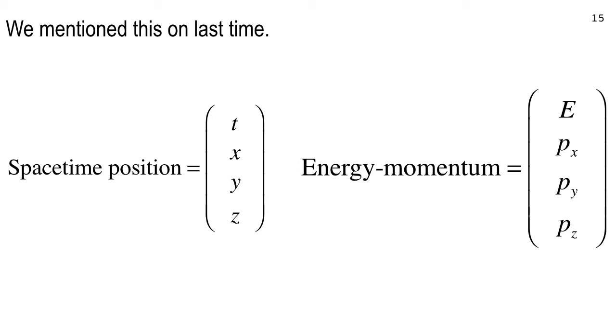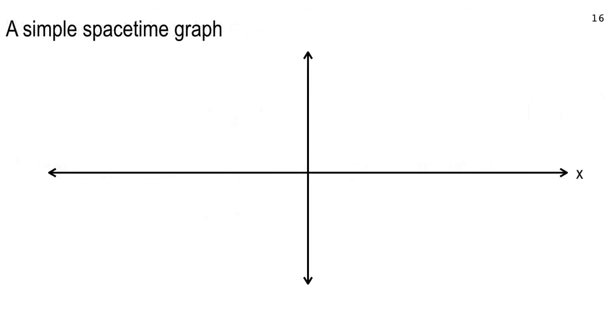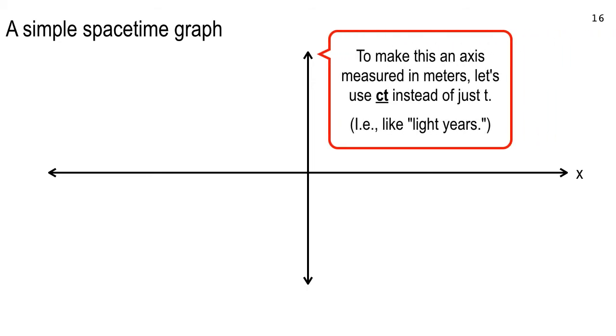Now, as I said, we want to treat time as much as we can like any of the other 3 dimensions. So here's what we're going to do. We're going to make a simple space-time graph. Go ahead and draw a vertical and a horizontal axis, and label the horizontal axis the x-axis. Now, we're going to measure this vertical axis in meters, like graph paper coordinates, but instead of calling it the time axis, we're going to multiply by the speed of light, c.